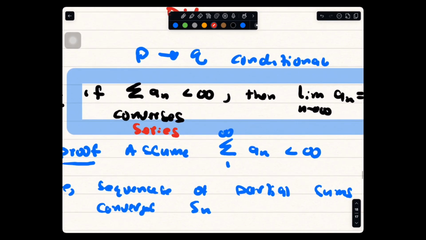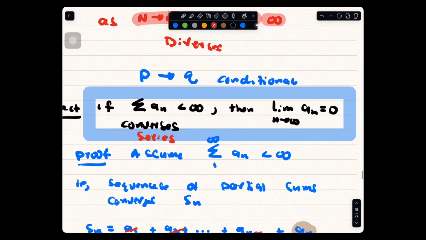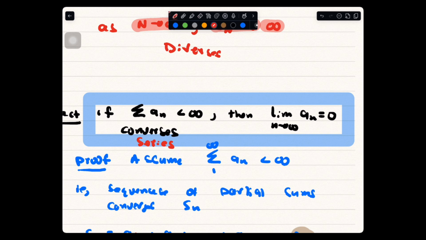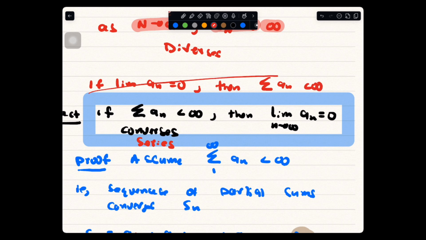People are trying to read that original statement I started off with backwards. You can't read it backwards in the sense that if you're trying to say, okay, if the limit an equals 0, then, oh, I know, then the series converges. The answer is no. That's not the case.